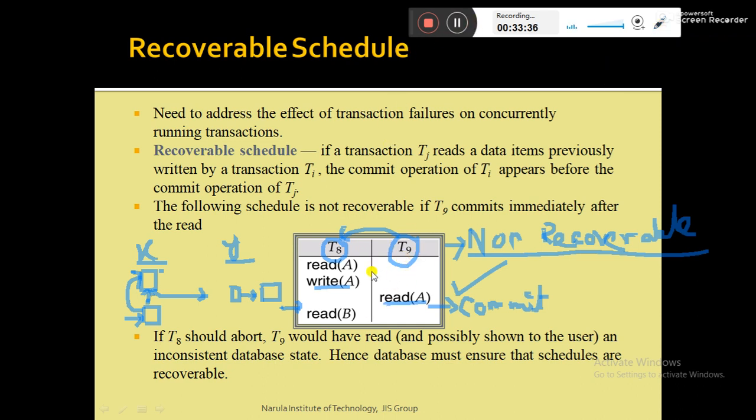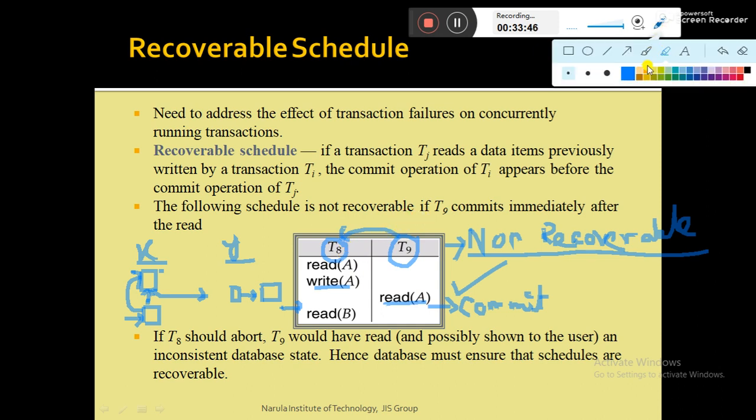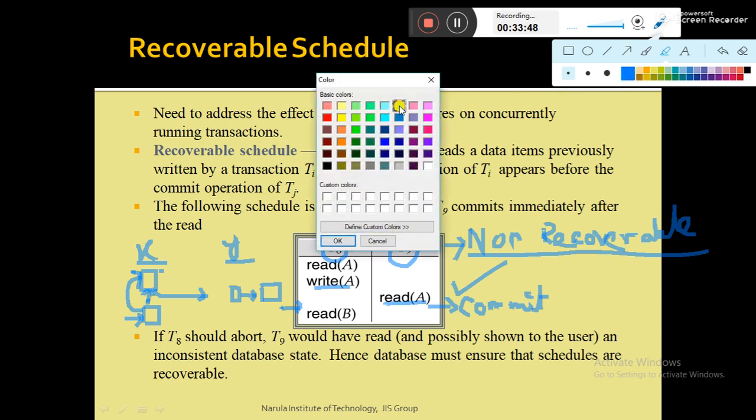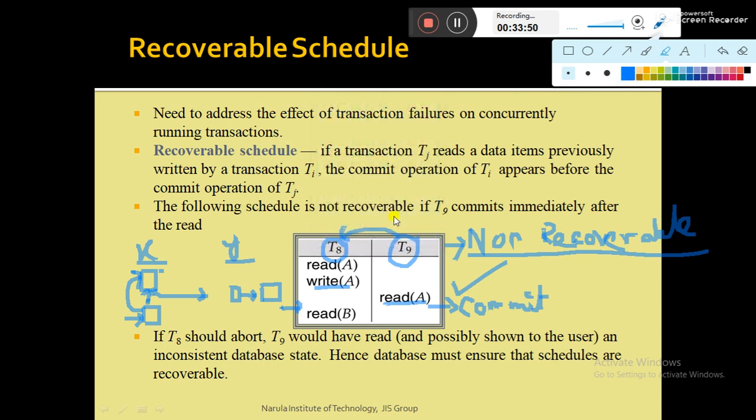So this is the non-recoverable one. Now how to make it recoverable? Say this is Tj, let me mark it again. So this is Tj, and say this is Ti.